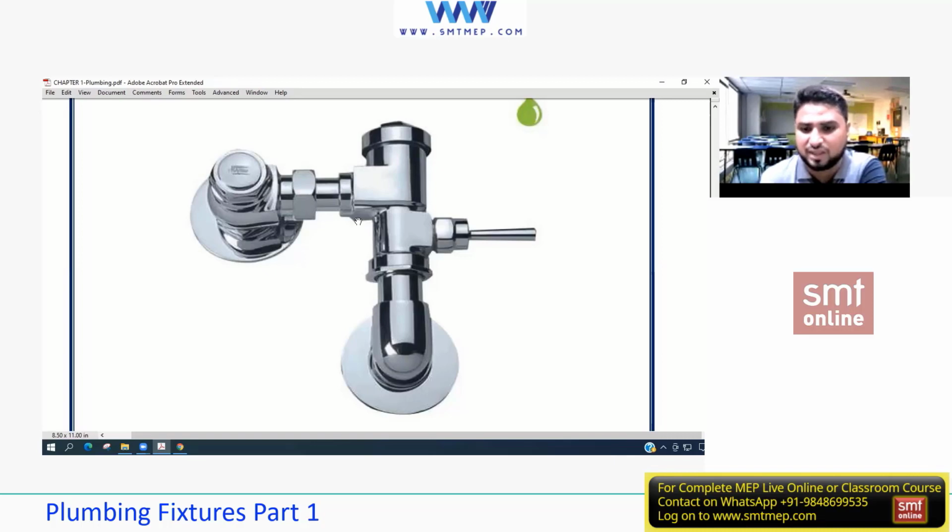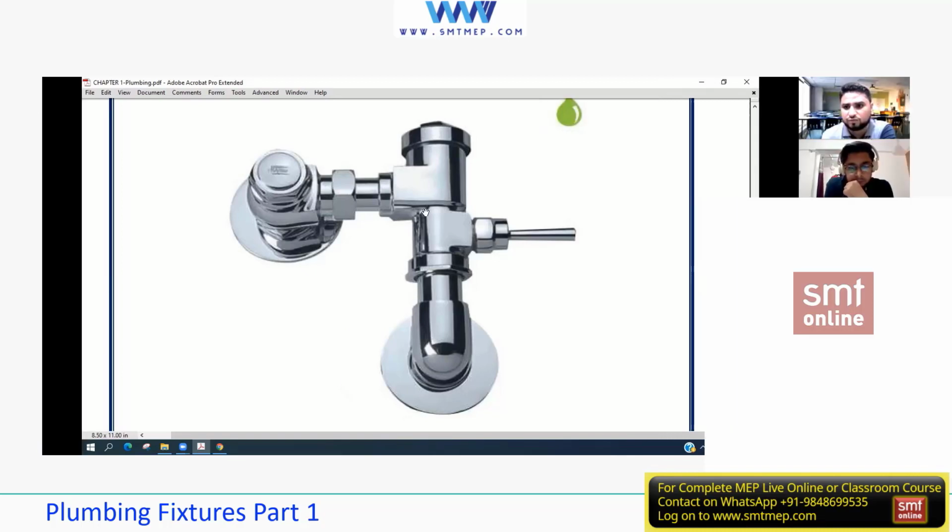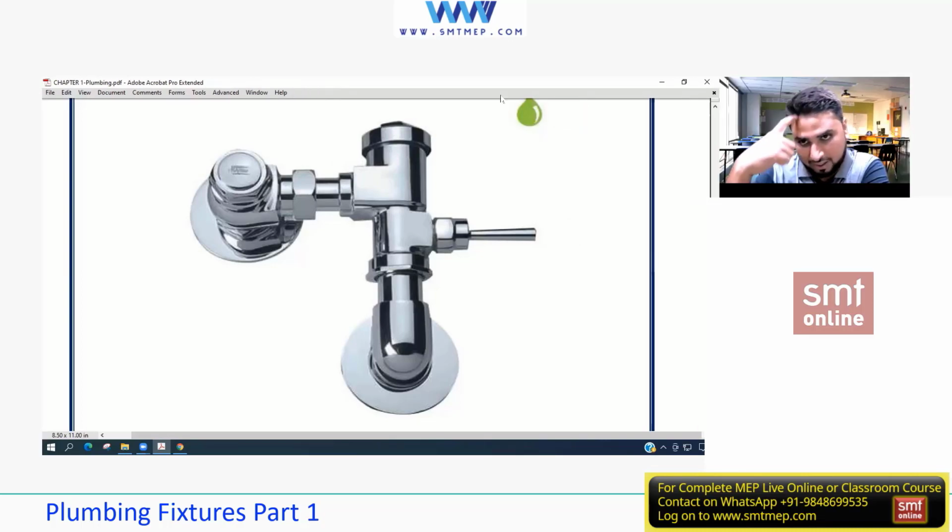What I'm trying to say here is that when you're dealing with any kind of designing, you need to know the flushing mechanism in the project. For example, whether the flushing mechanism in our project is by flush tank or flush valve. If it's flush valve, you need to be very careful because it demands 3 times more water.